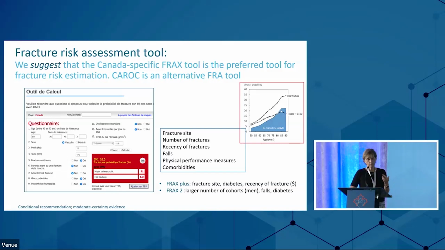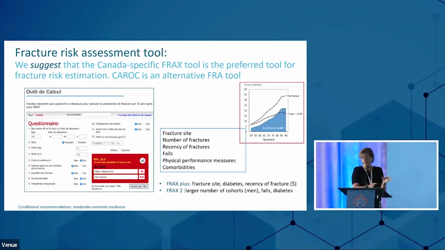What's important to know is, of course, that all these tools tend to underestimate fracture risk in those people who have had multiple fractures, who have had a recent fracture, and who have had a fracture of the hip or the spine. The hip and the spine really predict short-term, very high risk. Because it's yes or no in the FRAX currently, it tends to underestimate this.